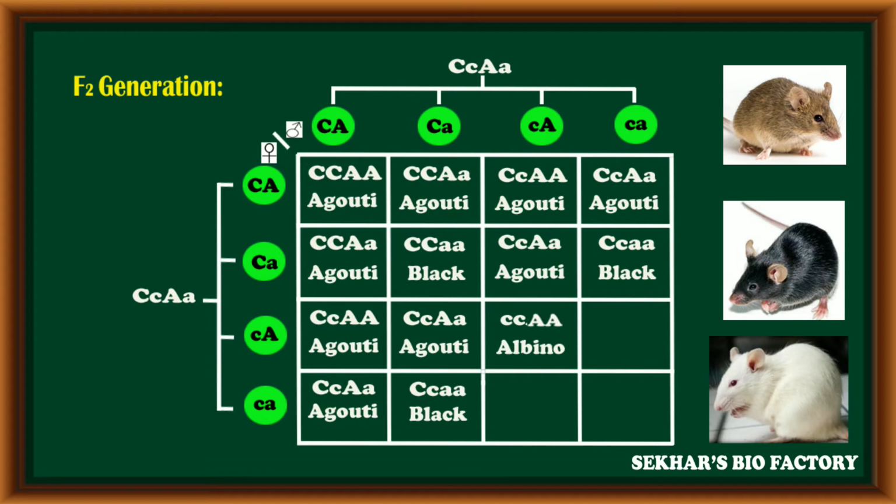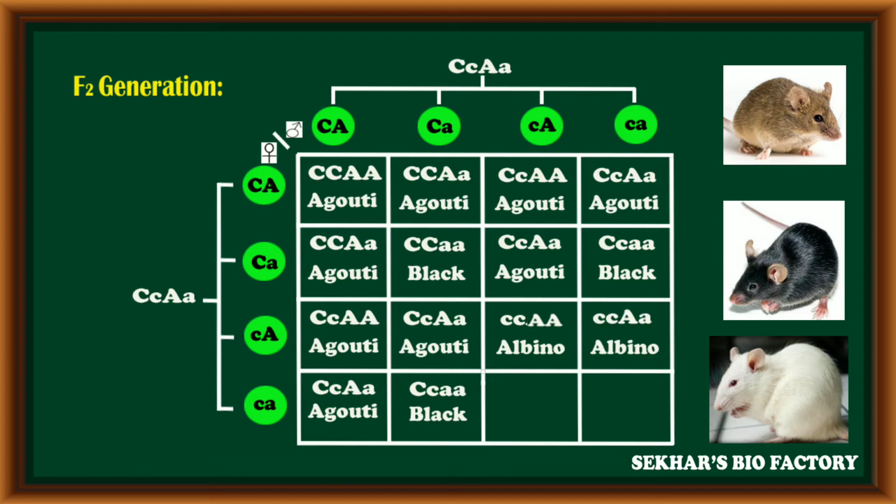The next combination has a homozygous recessive condition in the first gene, that means small c, and the second gene is present in dominant condition, so it never influences the recessive trait, so the albino coat will be expressed in mice.